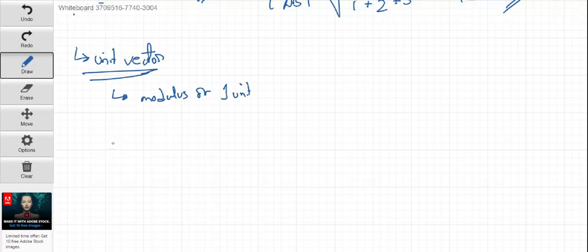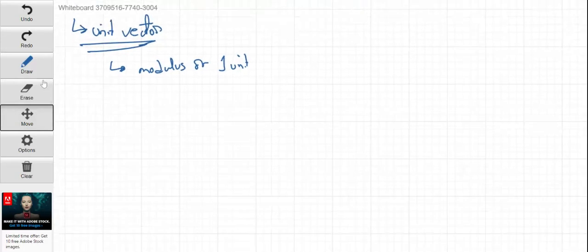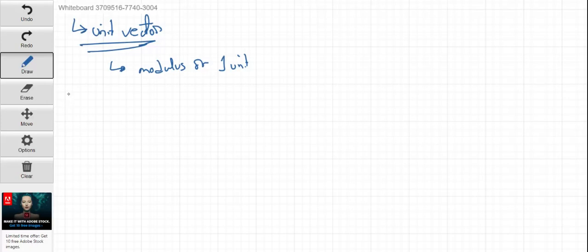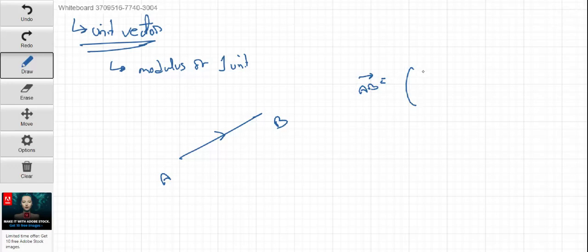So let's look at a hypothetical example where you need to deal with unit vectors. I tell you the vector AB is essentially 2, 2, 1.